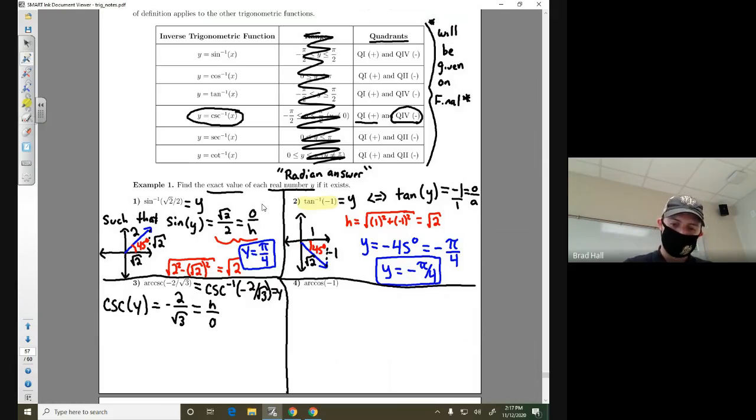So now we can construct a triangle. Our table above tells us that we will be in quadrant 4 because that input was negative. That's why I'm going to draw an angle in quadrant 4.